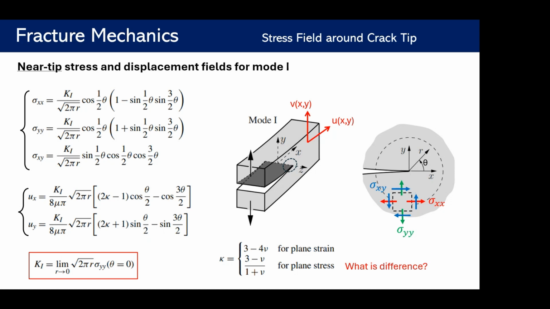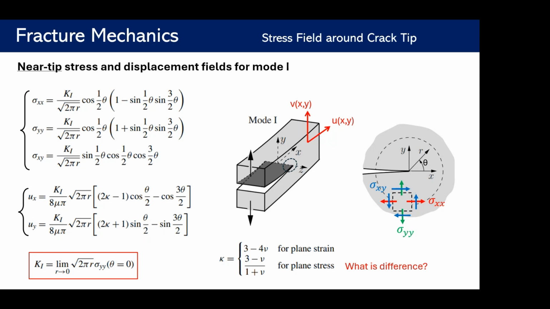And also you can see here the displacement field, I mean displacement in x and y directions as a function of r and theta. So if you want to find sigma or u at the position r, theta, then you use this formula. The theta and the r are like the input, and they move you in the space around the tip.